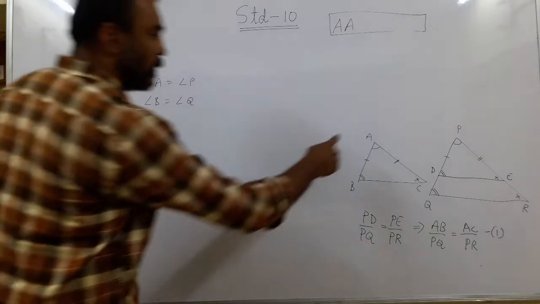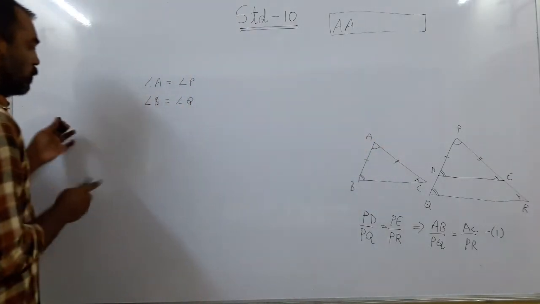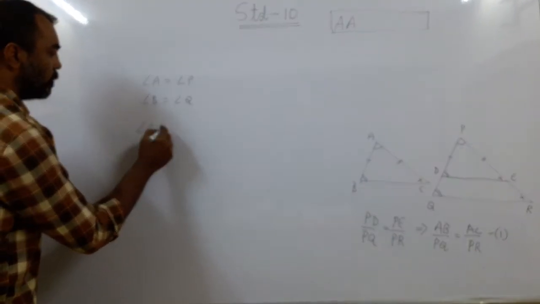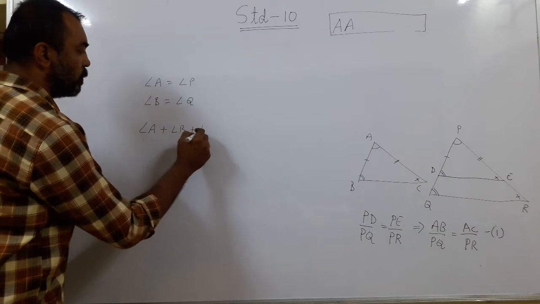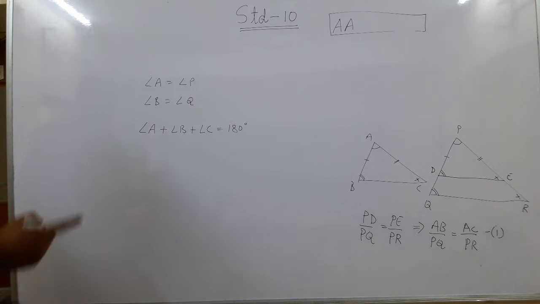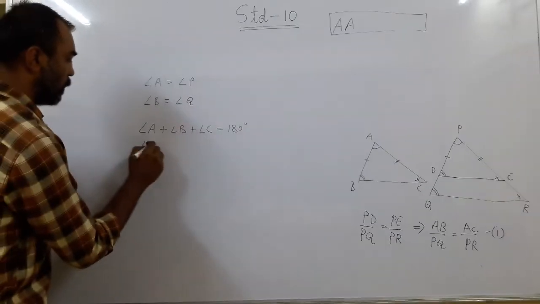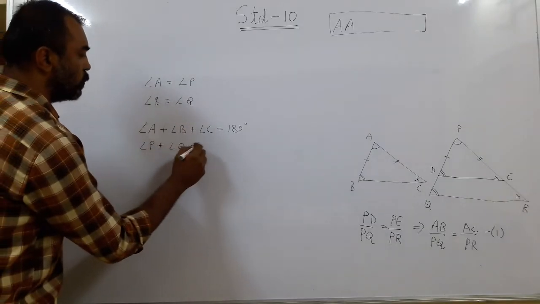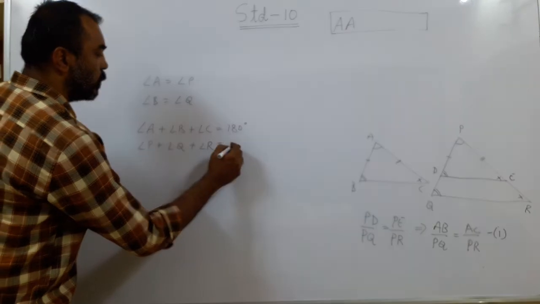Okay, let us try. In triangle ABC, we know angle A plus angle B plus angle C equal to 180 degree. The sum is always 180. On the other side, angle P plus angle Q plus angle R equal to 180 degree.